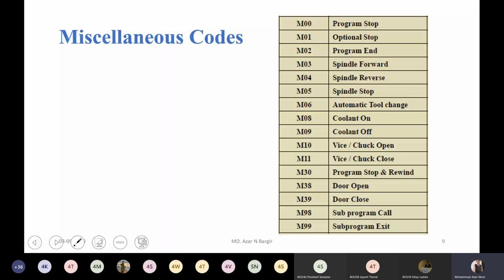Mostly M02 or M30 is used if batch production or job production is not there and continuous different products are on your machine, then you can use M02.